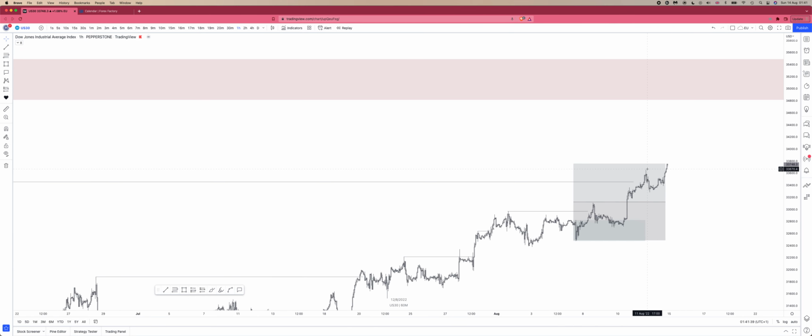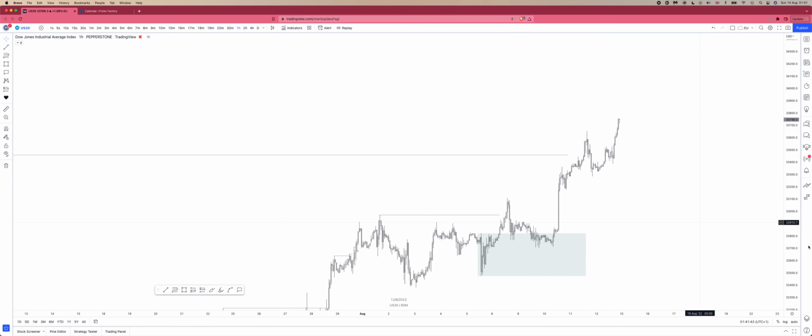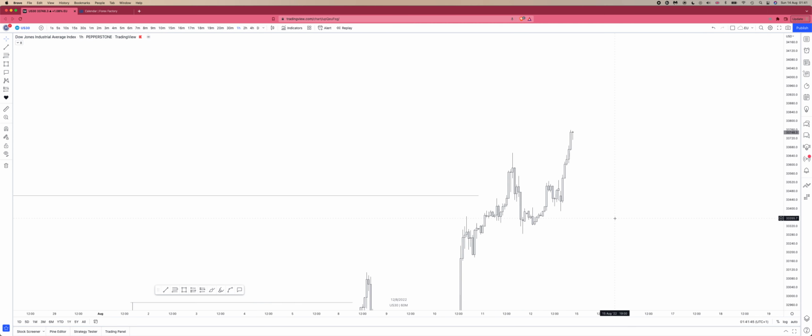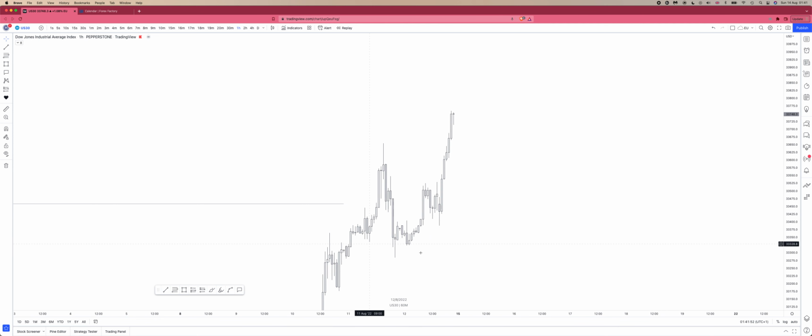Still bullish. We've had a break on the 1 hour though, if we really zoom in. If we really zoomed in, here, I would say here. 1 hour demand, I meant supply, sorry.